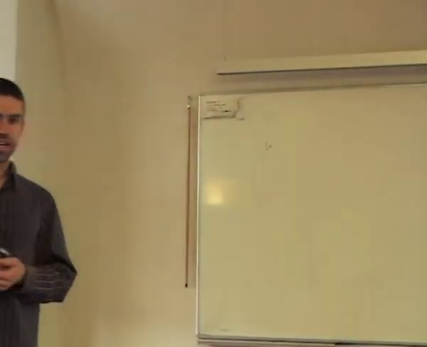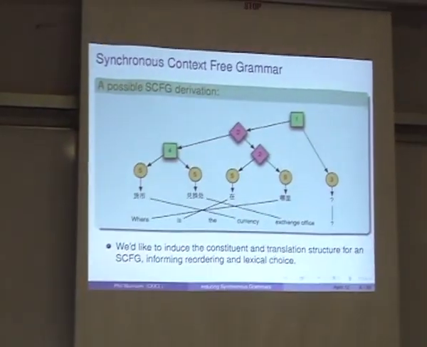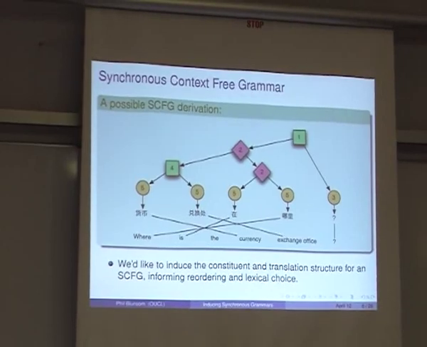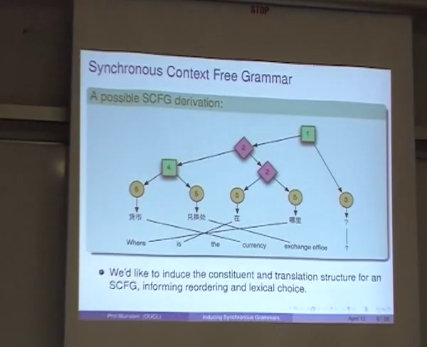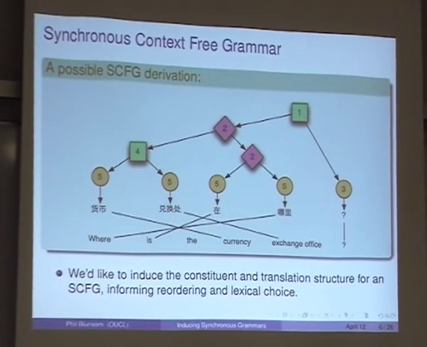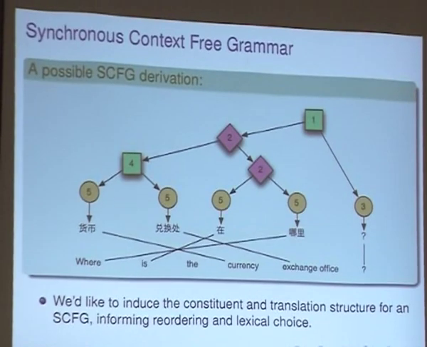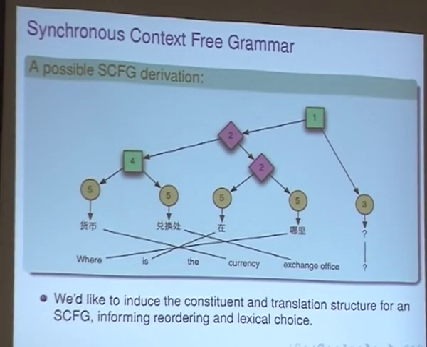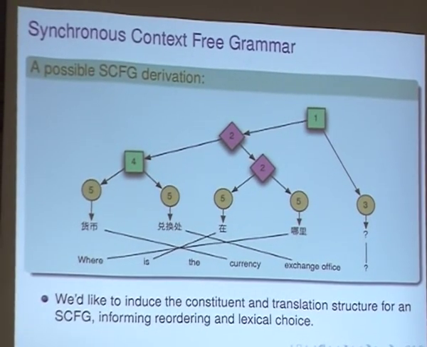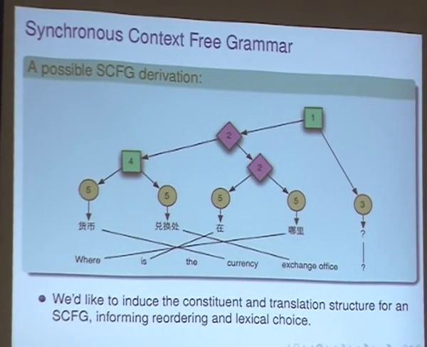So as a sort of end goal, you could imagine if we just had a parallel corpus, what we'd really like to be able to do is induce something like this, where I've got labels here. So we're inducing a tree, an alignment between two sentences, and these labels are just some labels we've induced, and maybe one corresponds to an S label, maybe 4 corresponds to a noun phrase, and we can just learn these from data.